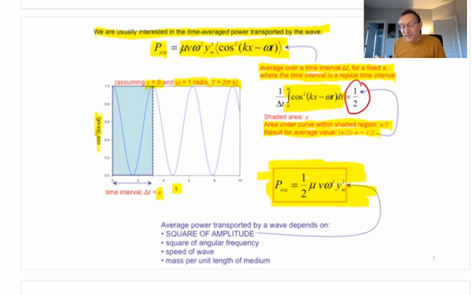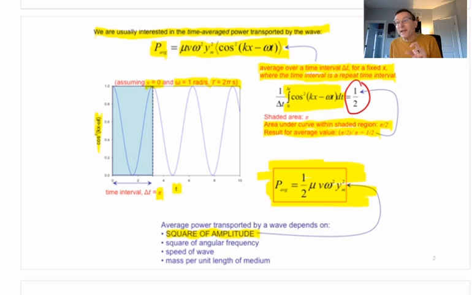And so what I've written here below in this summary is what the average power transported by a wave depends on. And I've listed first in caps the most important one. The average power transported by a wave depends on the square of the amplitude. See, the y max squared? You will hear physicists and engineers saying that all the time too. Oh, the power of the wave goes like the amplitude squared.